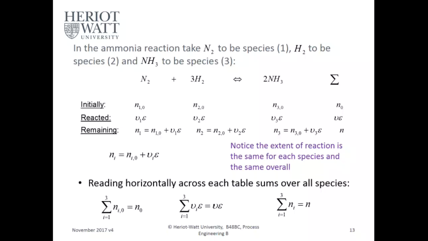And the extent of reaction is the same for each species and the same overall. Because it's the same reaction, how far the reaction takes place is interdependent for each species. Because there are no inerts and no partial conversions, just one reaction, everything will sum to 1.